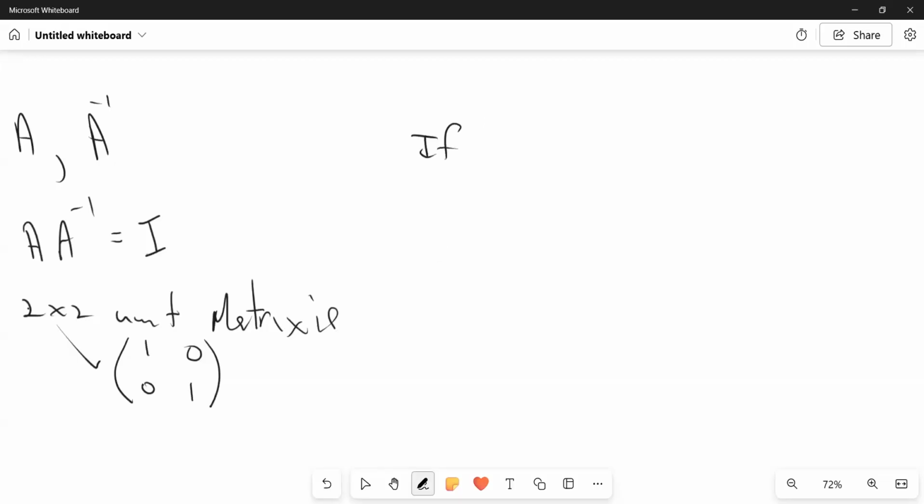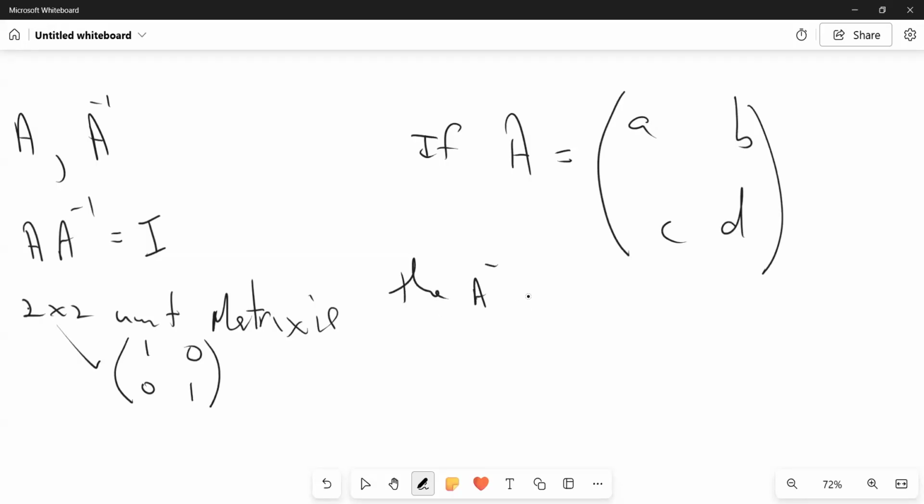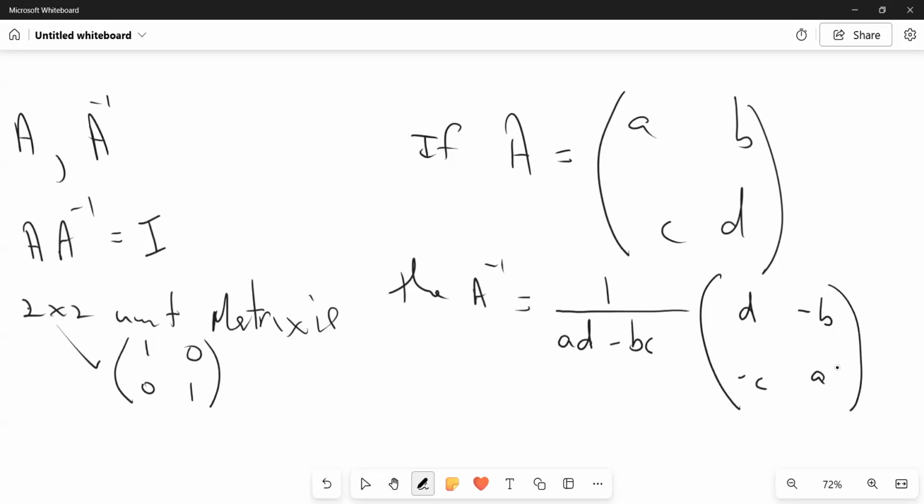So if A is equal to the matrix A, B, C, D, then A inverse is equal to 1 over AD minus BC times the matrix D, B, C, A with the signs changed: switch around these two and you change the sign of these, right? Let me explain what these are.